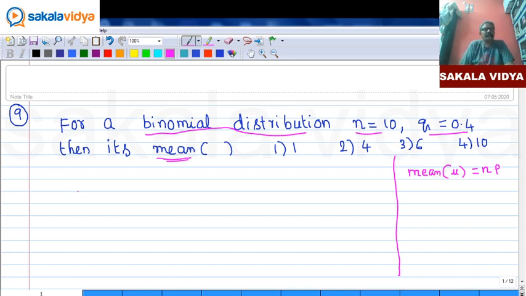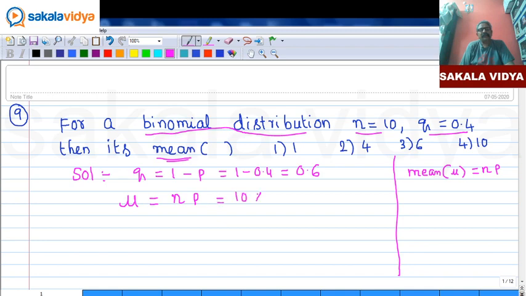We need to evaluate p first. So, p equals 1 minus q, that is 1 minus 0.4, that is 0.6. So, the mean can be evaluated, mu is equal to np. N stands for 10 multiplied by p, 1 minus q, 0.6. This will be 6. So, third option.